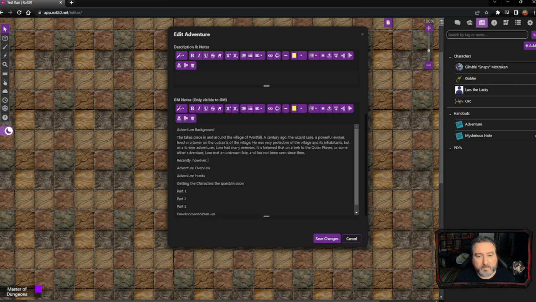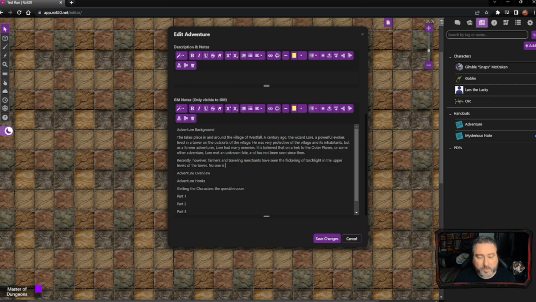Then we can say recently, however, farmers and traveling merchants have seen the flickering of torchlight in the upper levels of the tower.